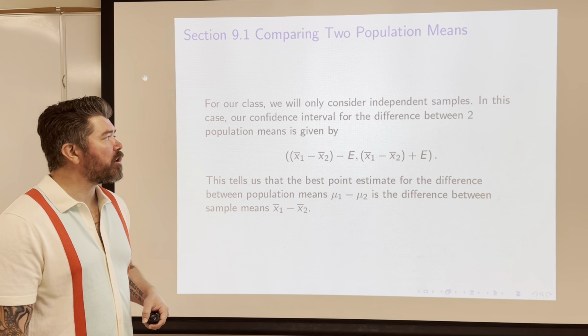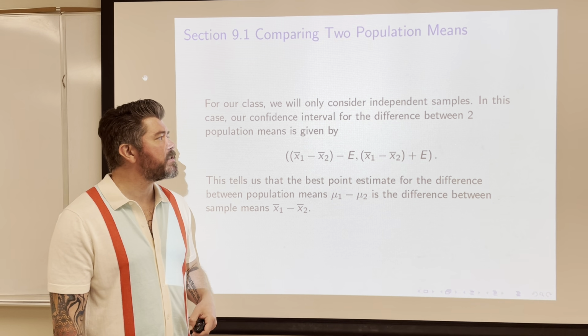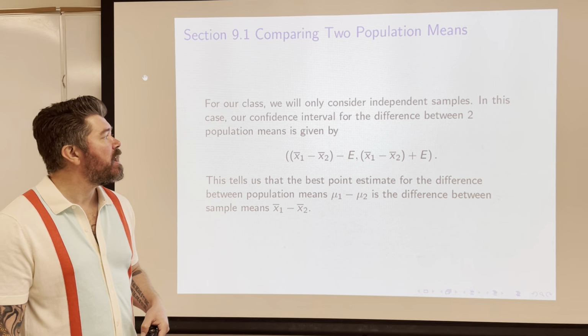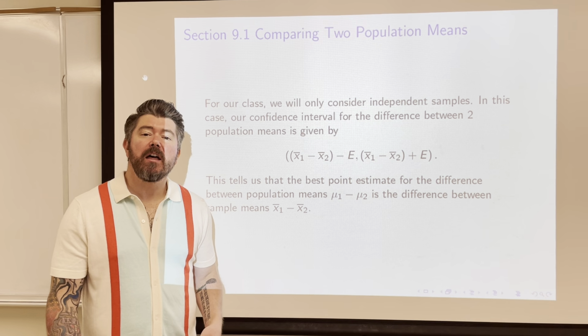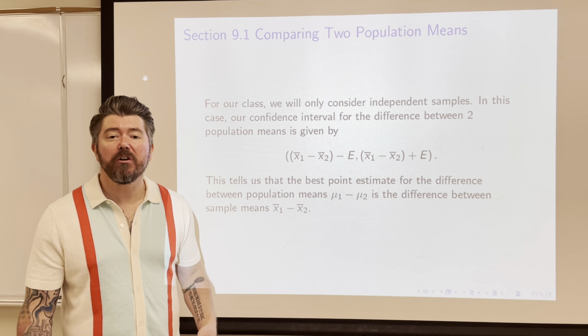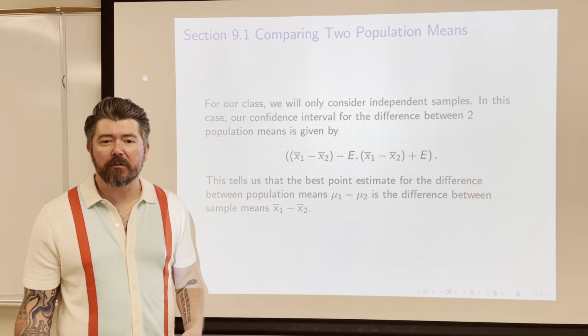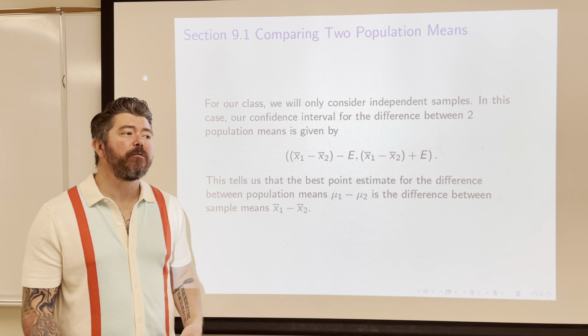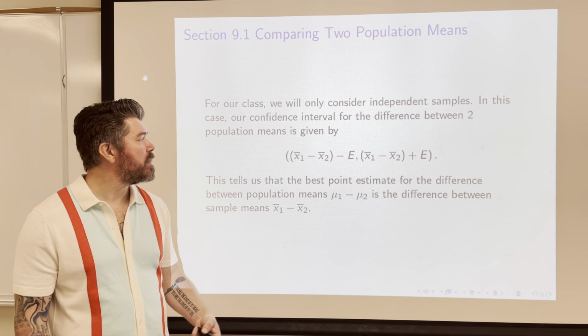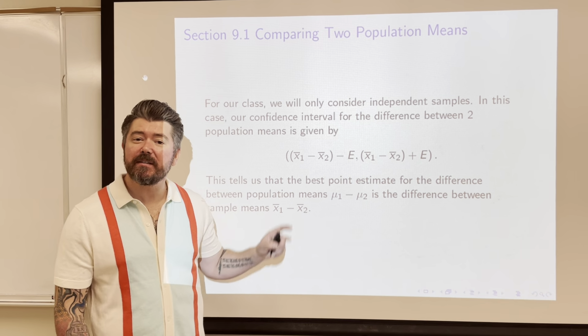In this case, our confidence interval for the difference between two population means is given by our point estimate. Remember that we're creating a confidence interval for mu1 minus mu2. And we already know that the sample mean is a good point estimate for the population mean. So if we have two population means, we can create two sample means.